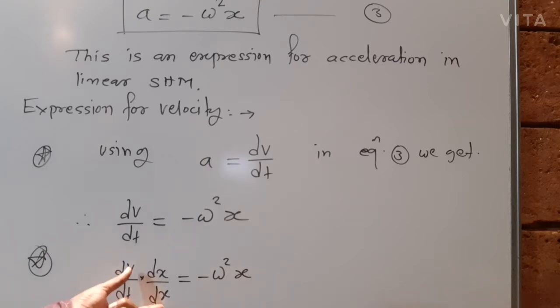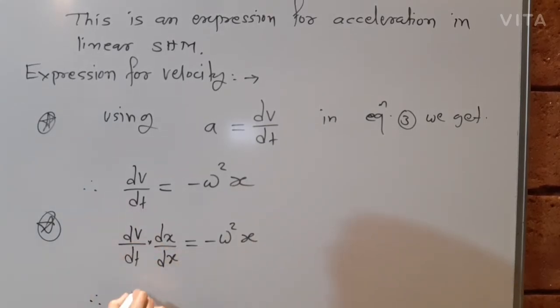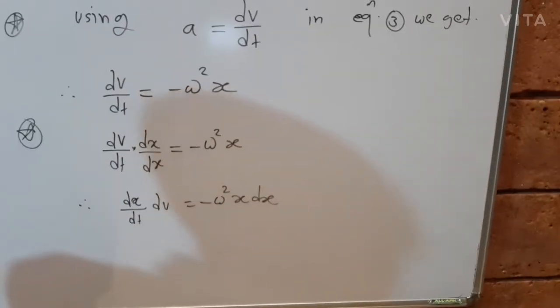So due to that multiplication there is no change in this equation, but it is a useful step, and so denote it as a star step. And therefore, rearrange these terms: dx divided by dt into dv is equal to minus omega square x into dx. We only rearrange these steps.